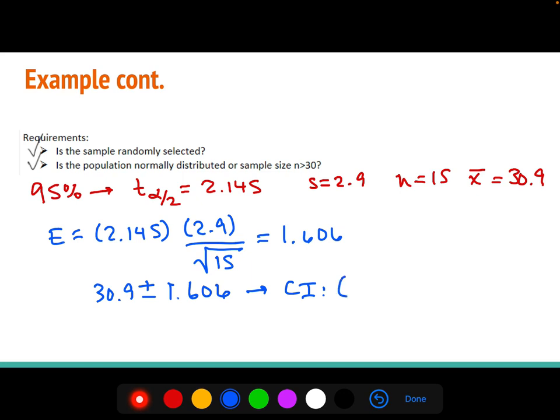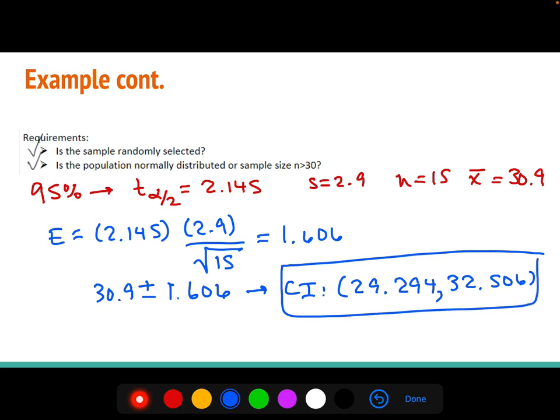And that tells us our confidence interval is 29.294 to 32.506. So we constructed a confidence interval.